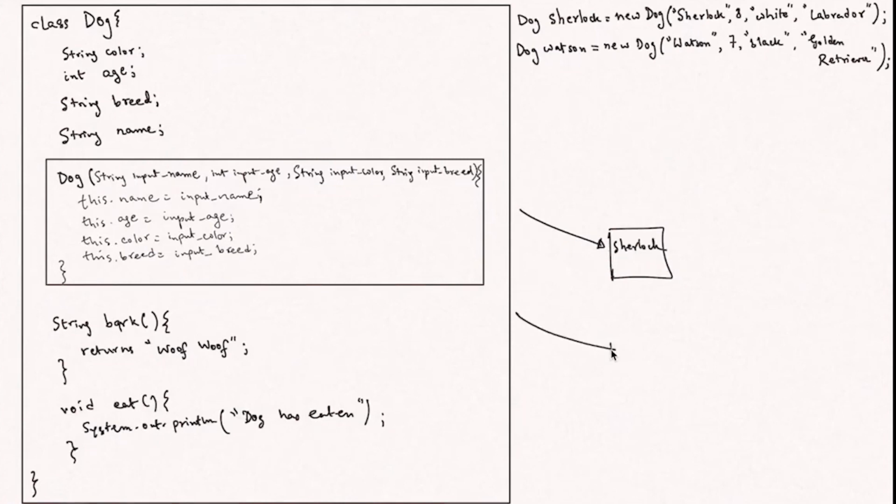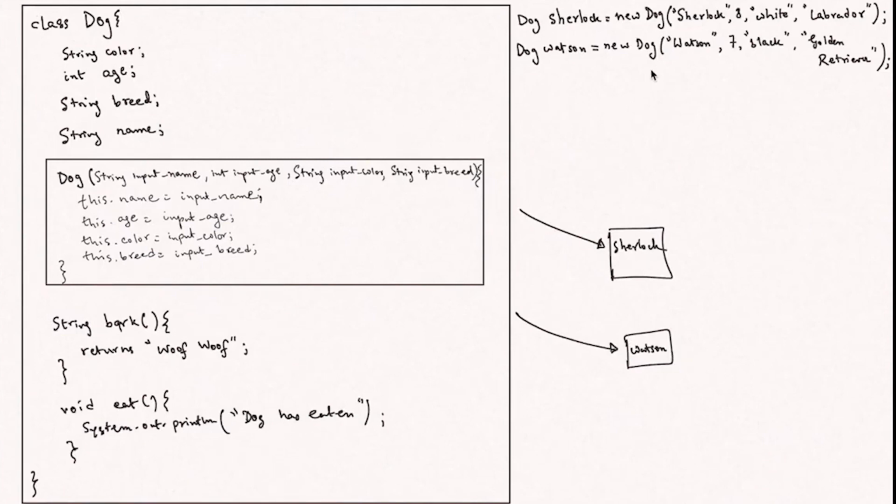We created another object named Watson, and this Watson has a separate color, a separate age, its own separate breed, and its own separate name, right? And it can also use all of these methods. So it also has all these abilities or behaviors.